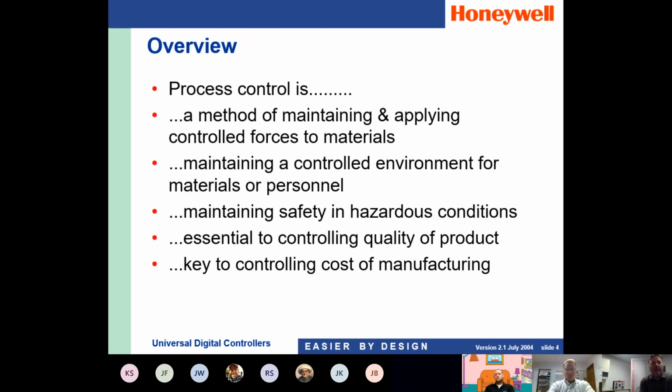So if you have a very good process control scheme out in your plant, on your plant floor assets, maybe it's a furnace, maybe it's a room where personnel are actually doing the work. You could be controlling temperature on a vat of liquid or chemicals. But in order to control the quality of the product and cost of the manufacturing of the product, PID control is essential in today's industrial plant floor control.